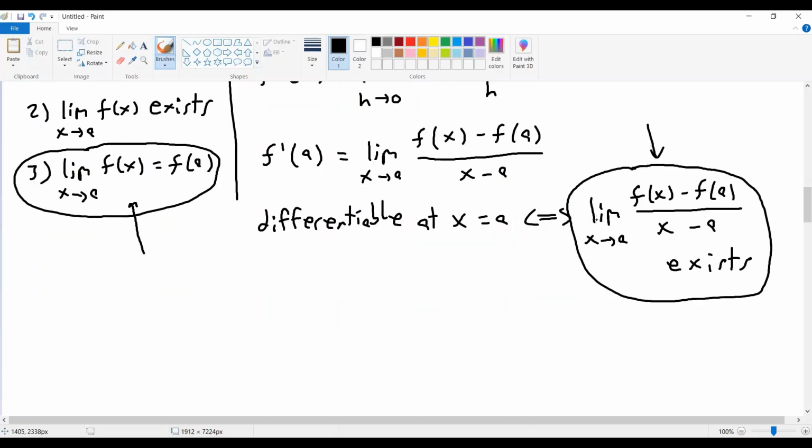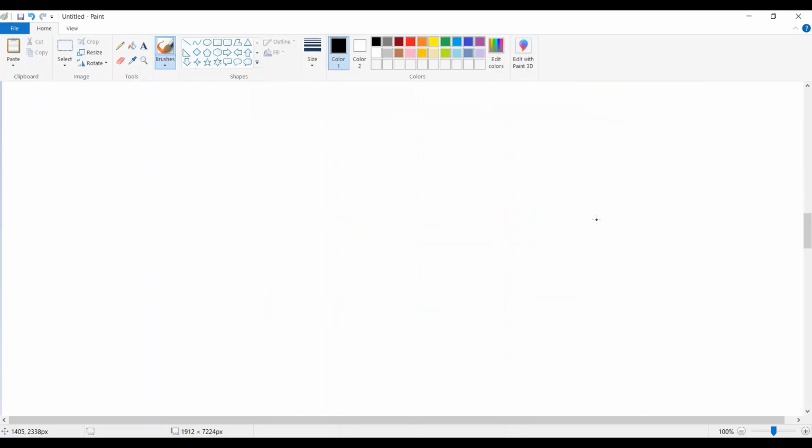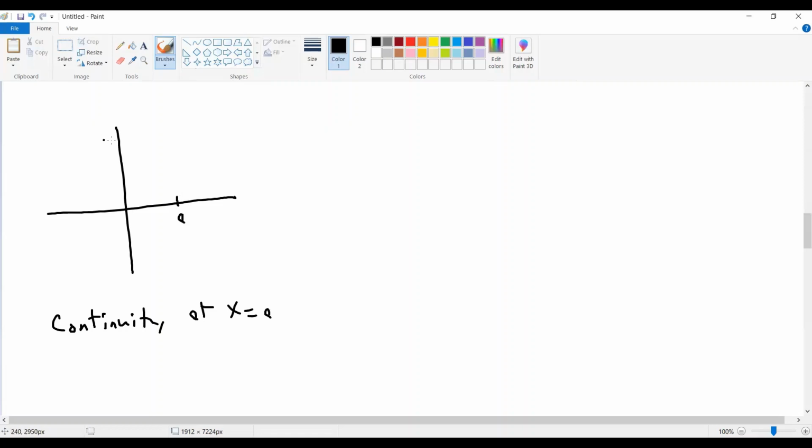Let me show you a quick visual, because that's a lot of theory. Here is a visual representation of continuity at x equals a. Let's make this a, and then I can make a function. Here is f of a.